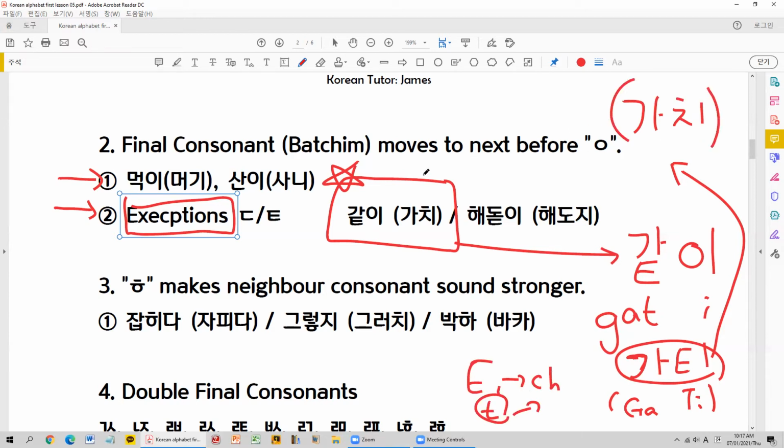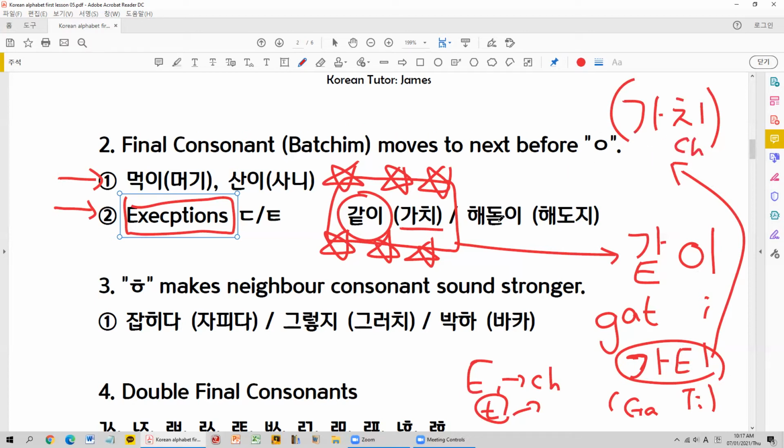So just remember this, because this is one of the exceptions. Why? Because you have to replace the T sound with E and then it becomes 같이, but the T sound changes to a CH sound. So 같이.